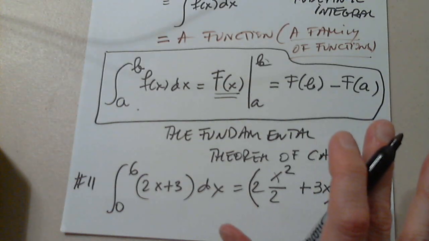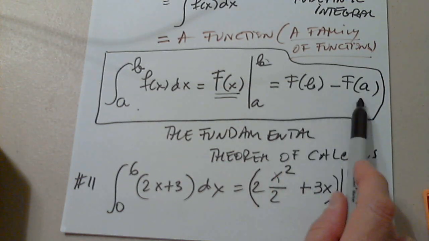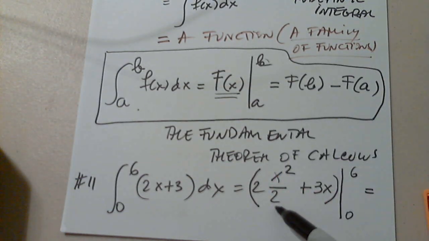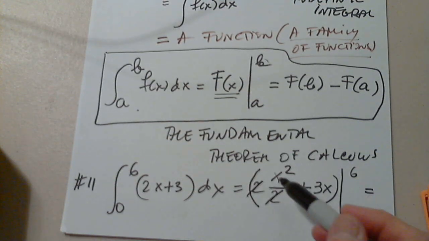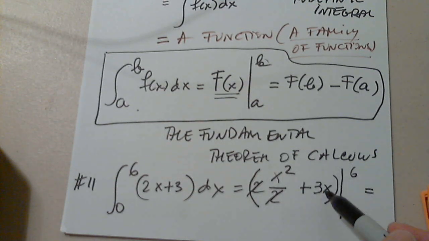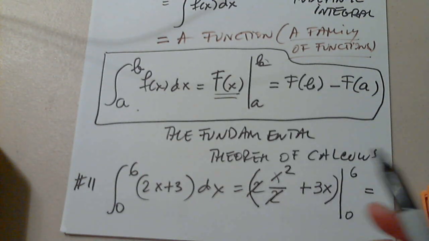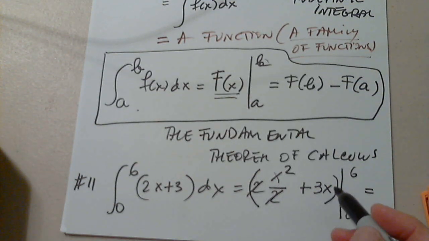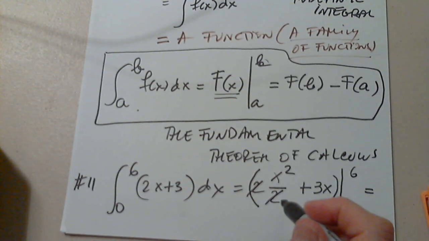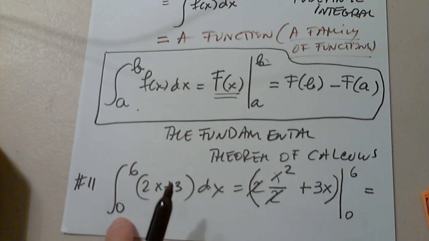We haven't finished. In this function I plug in 6, and then I subtract when I plug in 0. Luckily for me, when I plug in 0, I get 0, so in this example there is no need, because the lower limit is 0.